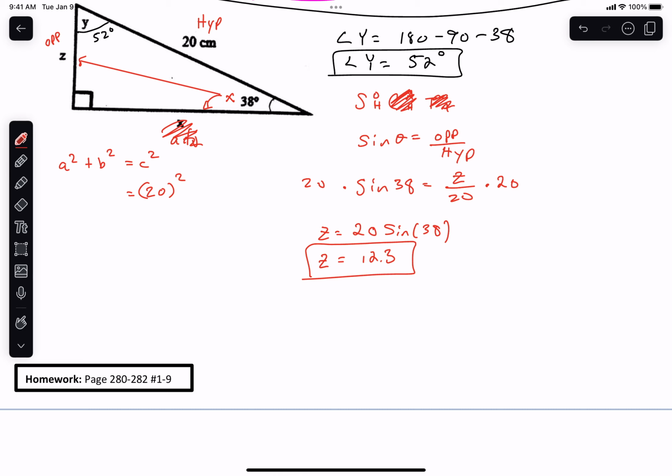And I just found one of the other side lengths. We get 12.3. We're going to look for A. Should have 400 minus 140. I'm going to guess 140. I have no idea. 146?